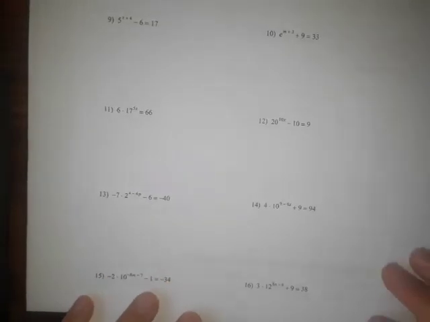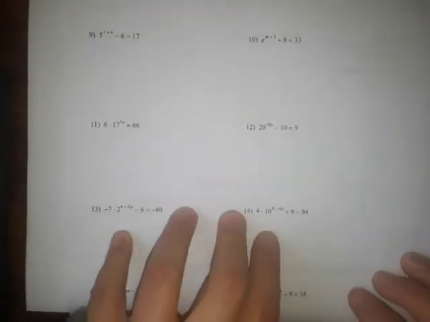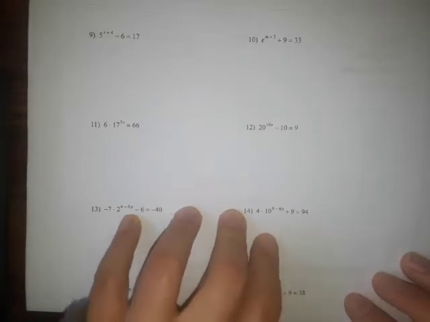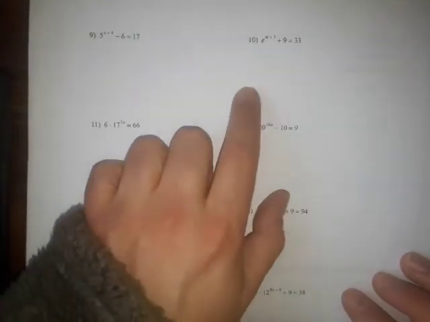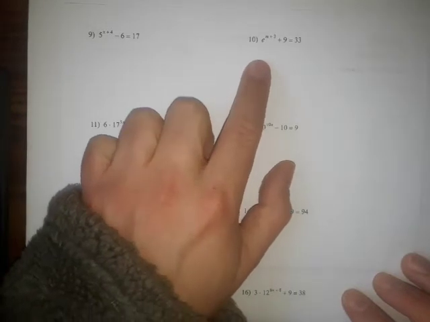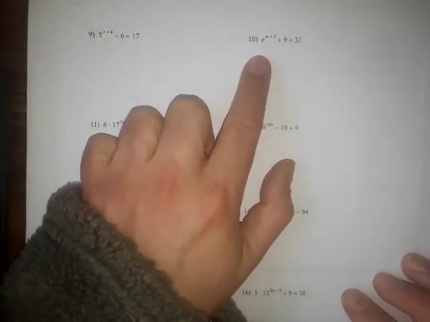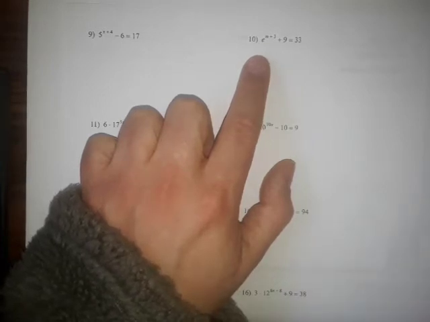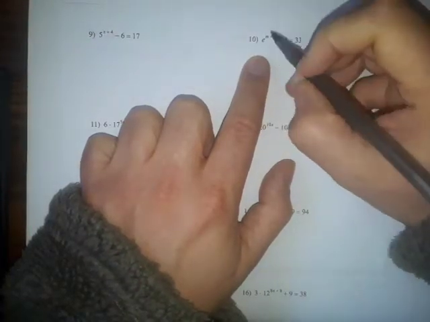How are you feeling? Well, today I'm going to do the last of the examples of solving exponential equations, and here we're going to solve this equation, which has a different base from what we have seen so far. You see that?